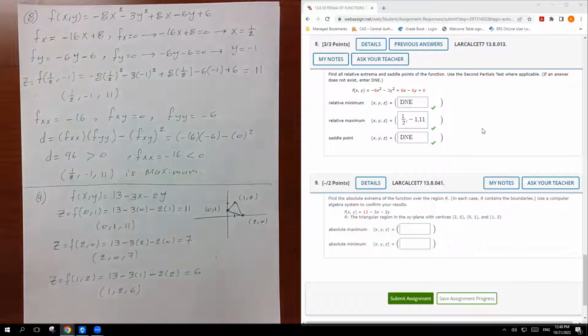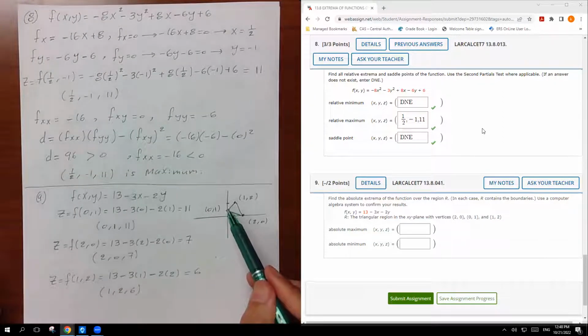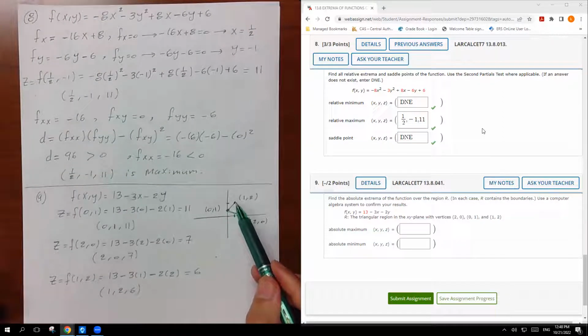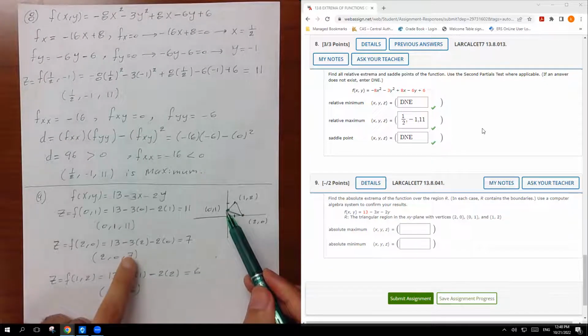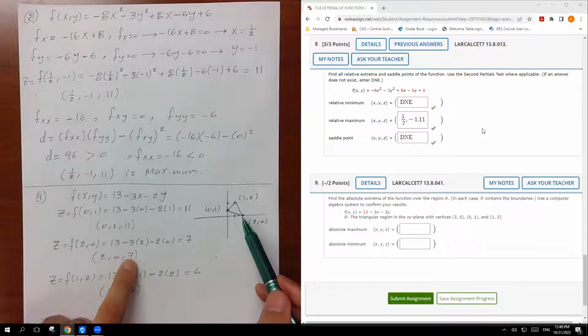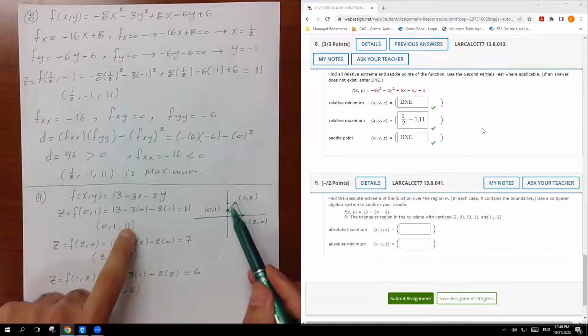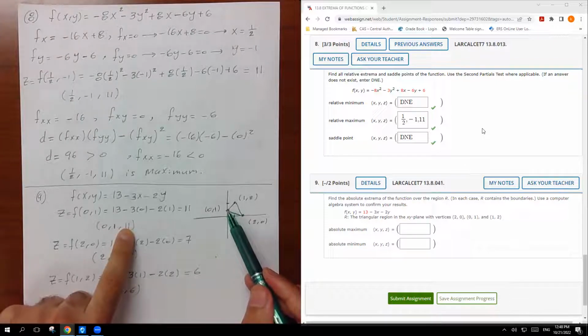By just imagining the graph, these points go up in the z coordinate because this is the xy plane. This point goes up 6, this point goes up 7, and this point goes up 11. That means this one is going to be the maximum point on the graph of this triangle.